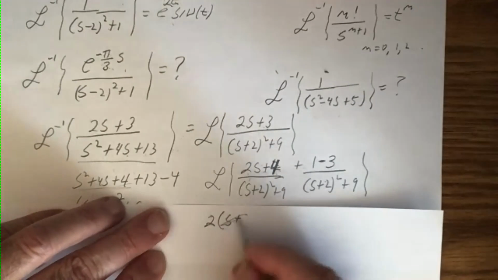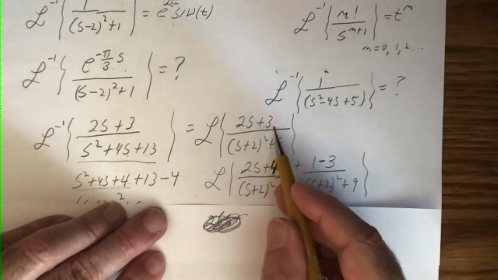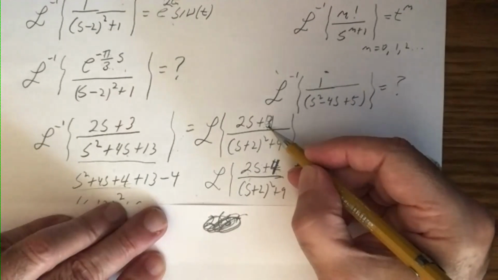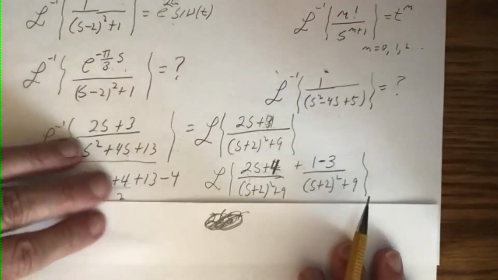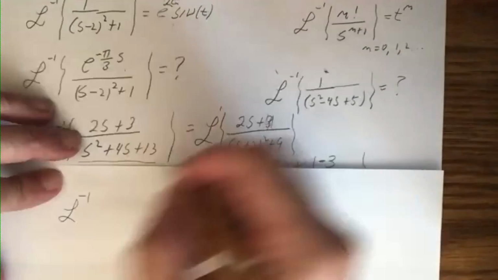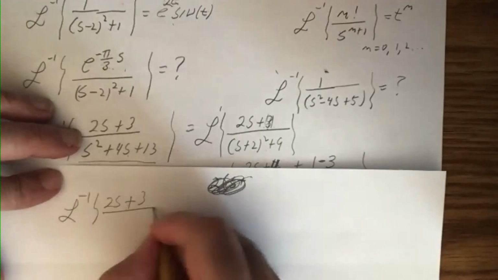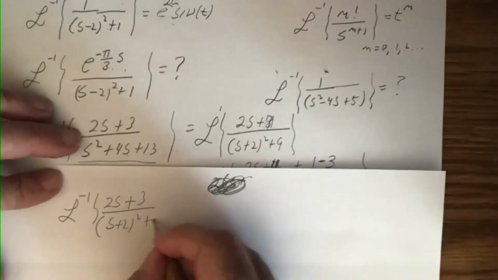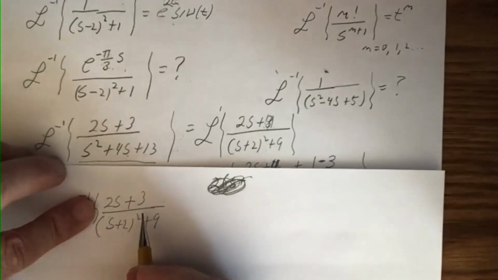Let me start from this point here. We're finding the inverse Laplace transform of 2s plus 3 over s plus 2 squared plus 9. My notes are wrong, damn it.